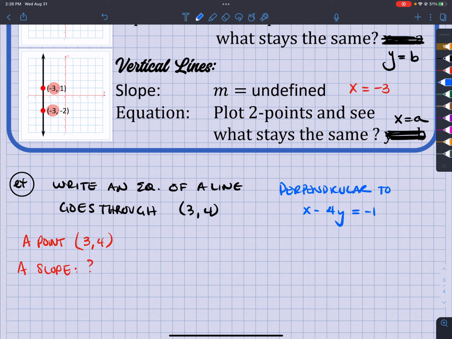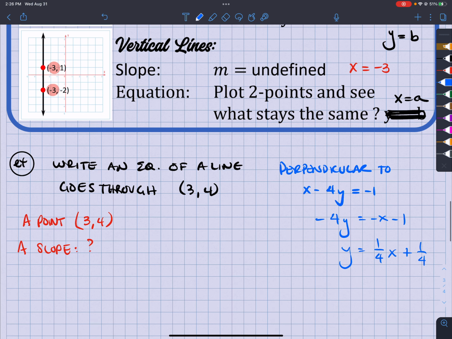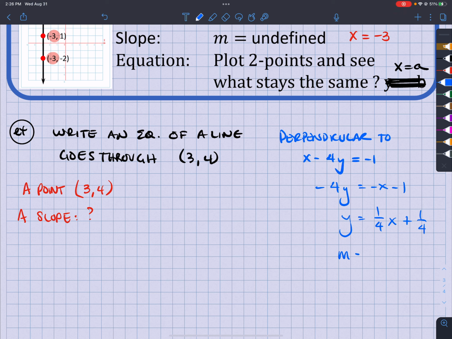In order to get the slope, I want to get the y by itself. So y is going to equal 1/4 x plus 1/4. In that case, my slope here is equal to 1/4. The question is, what is the slope that's perpendicular to that? Let's flip that, which is 4/1. Negate it, it goes to -4.